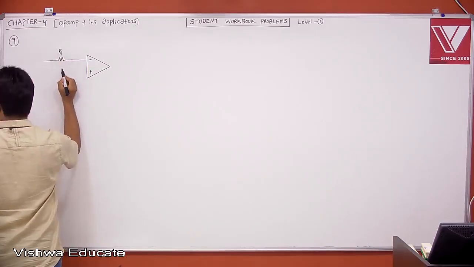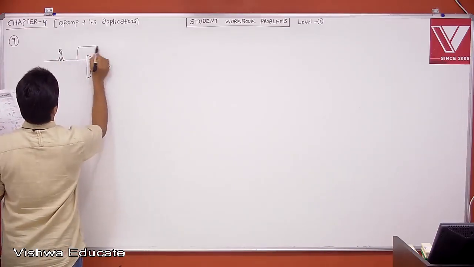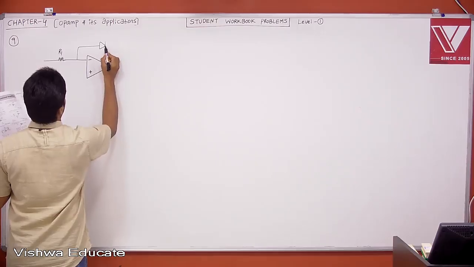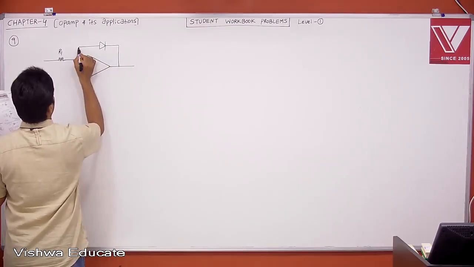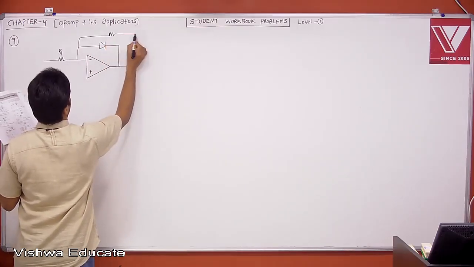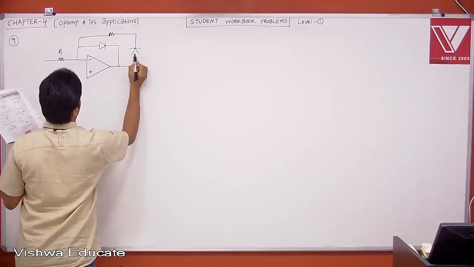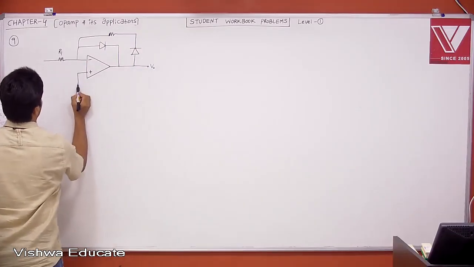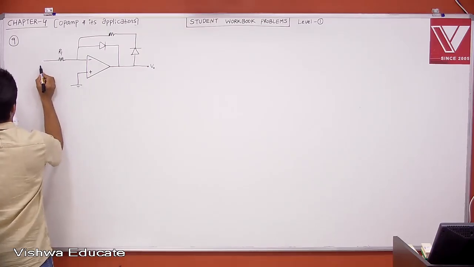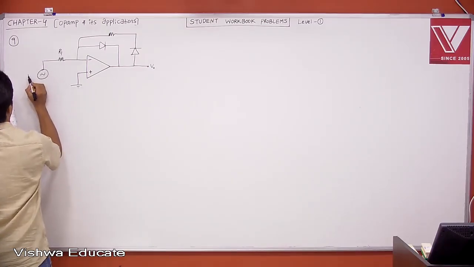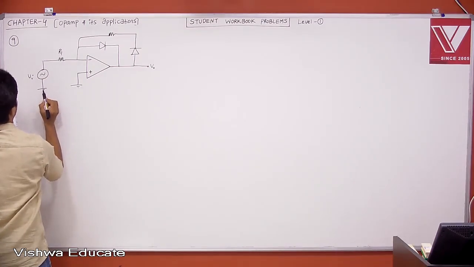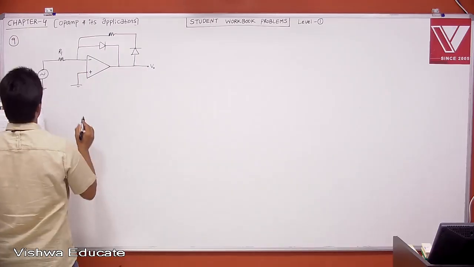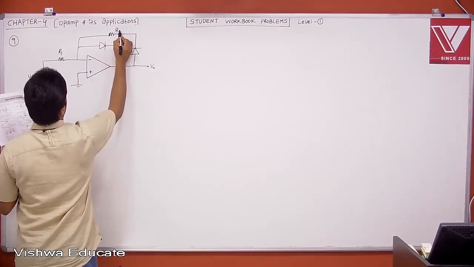This is R1, PN junction diode, V0, ground. This is your Vi. Okay. This is R1, this is R2.